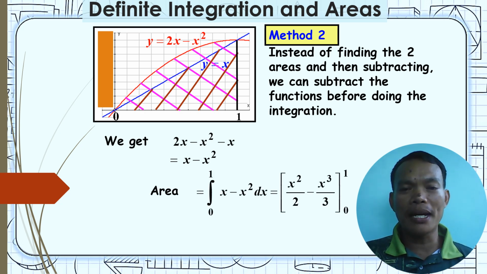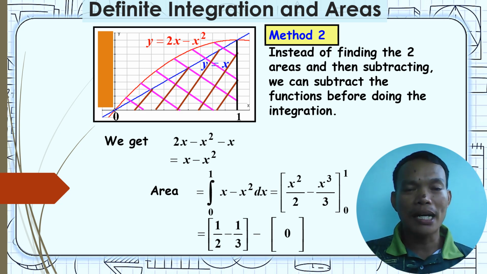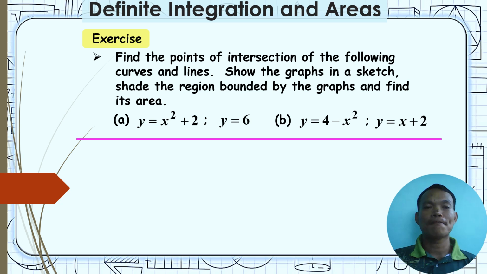Therefore, the area now is the integral of x minus x squared dx, with limits of integration from 0 to 1, which is equal to x squared over 2 minus x cubed over 3 with limits from 0 to 1. It gives us 1/2 minus 1/3 minus the lower limit, which equals 0. Therefore, the area is still the same, 1/6.